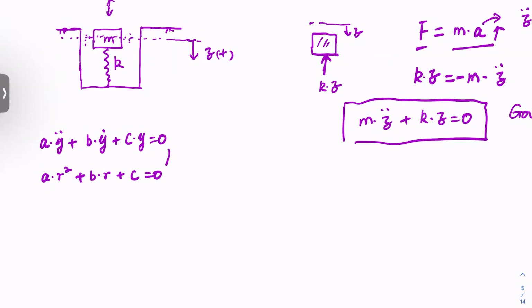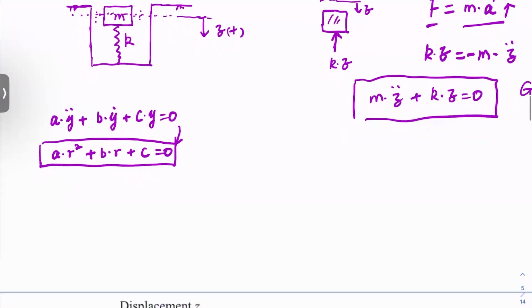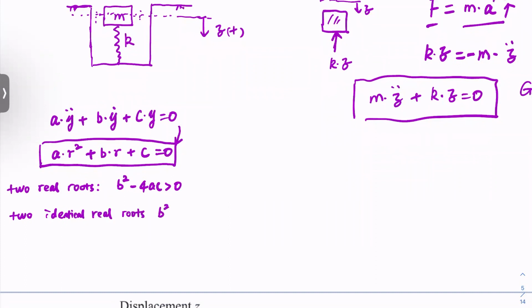So we rewrite this as here, and then we look at how many roots it has, right? If you have two real roots, we're talking about the scenario where b squared minus 4ac is larger than 0. If you have two identical real roots, this is 0.